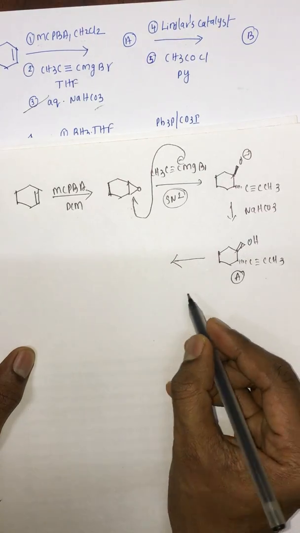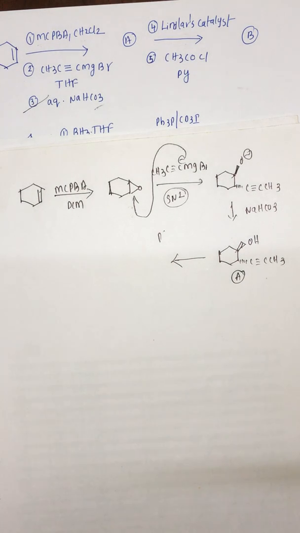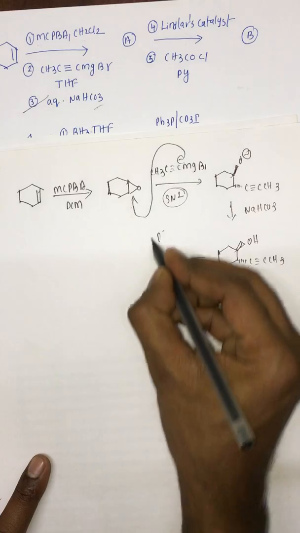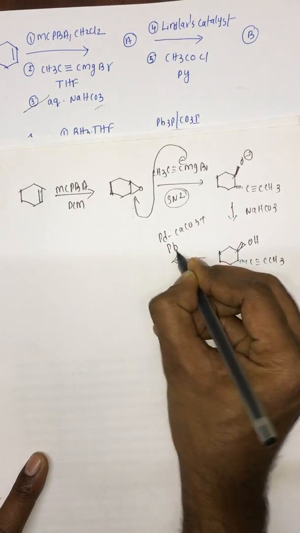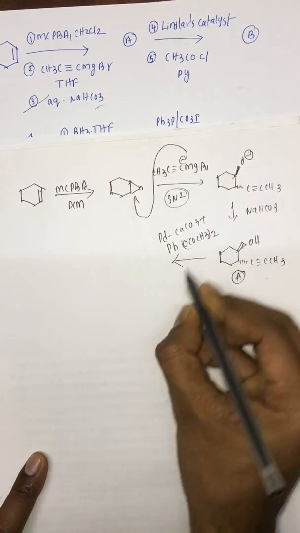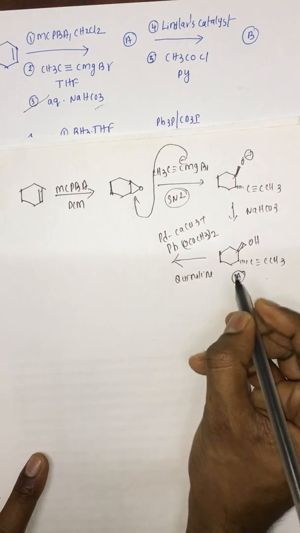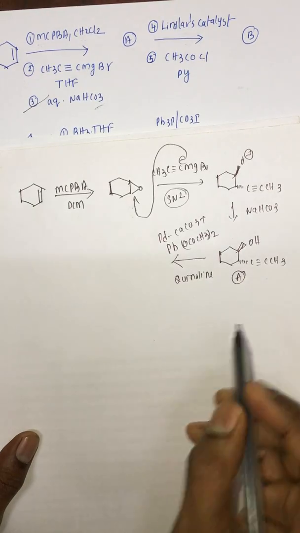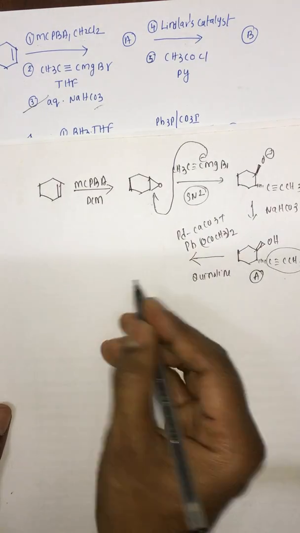Next we have Lindlar catalyst. Lindlar catalyst means palladium on calcium carbonate plus lead acetate, Pb(OCOCH3)2, and quinoline. So this is the Lindlar catalyst. Lindlar catalyst converts alkyne into cis olefin, or Z olefin.